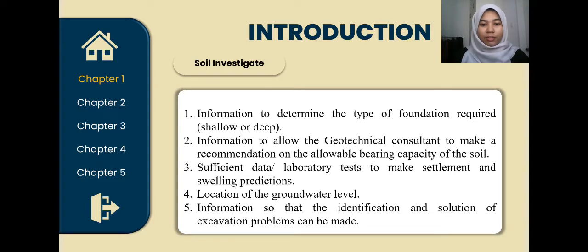Third, sufficient laboratory test data to make settlement and swelling predictions. Fourth, the location of the groundwater level. And last, information so that the identification and solution of excavation problems can be made.